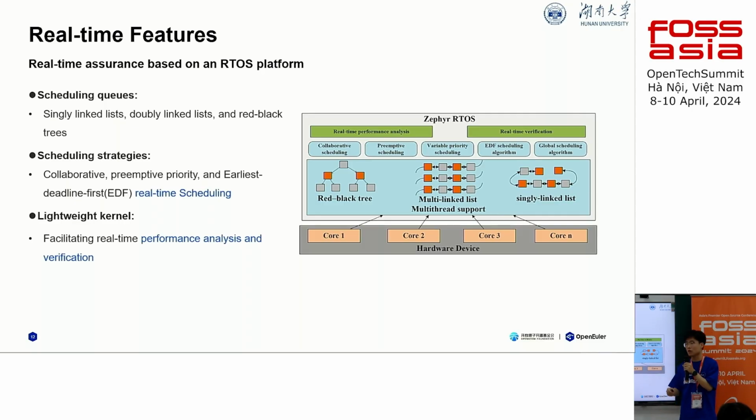And it also supports multiple scheduling strategies, like cooperative or preemptive priority, and earliest deadline first real-time scheduling. And because our ZVM is a lightweight kernel, it is easy to do real-time performance analysis or verification.